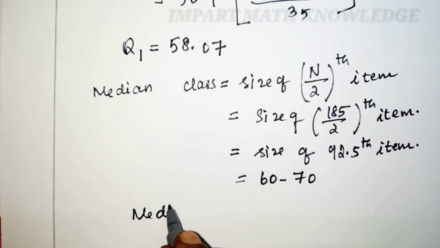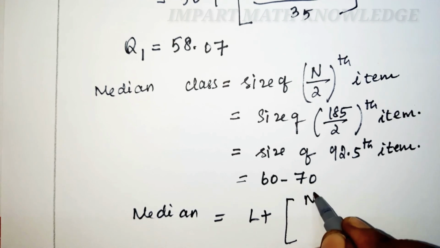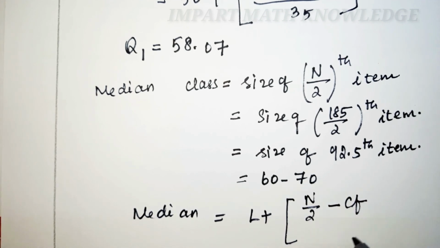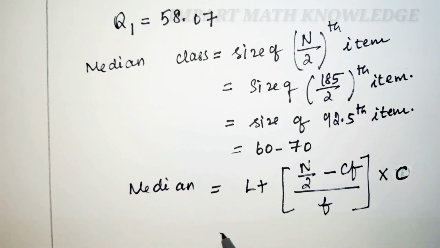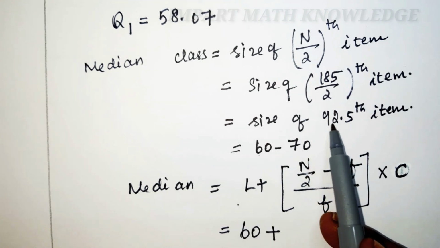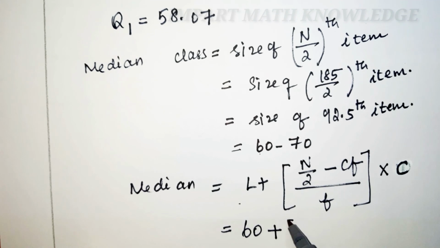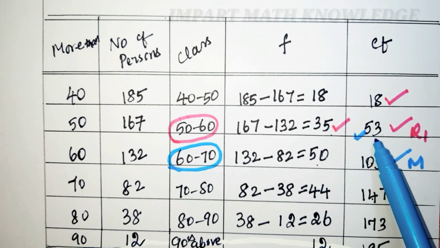Median is equal to L plus (n by 2 minus cumulative frequency preceding the median class) divided by frequency in the median class, into length of the class interval C. Here L is the lower limit of the median class, that is 60, plus n by 2, which is 92.5, minus cumulative frequency preceding the median class, which is 53.